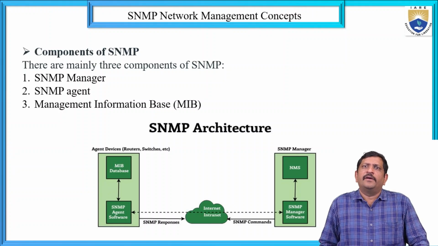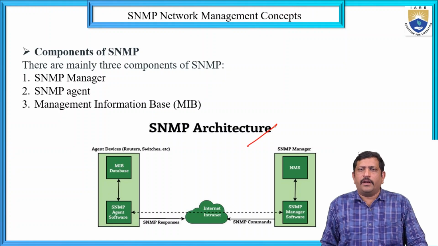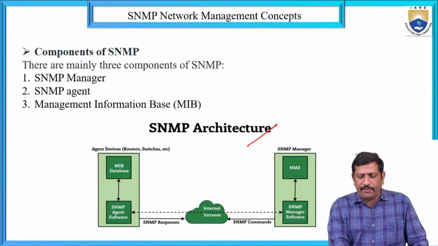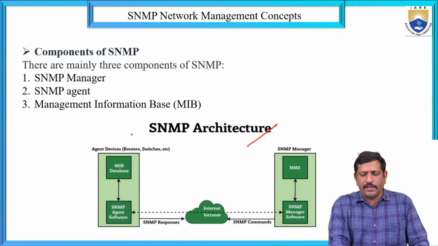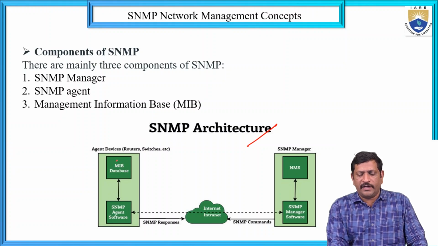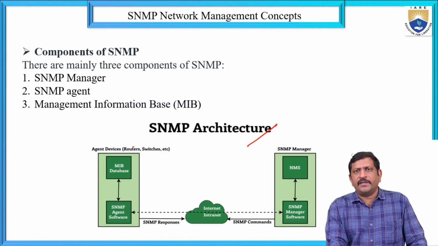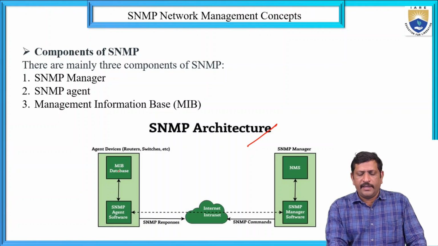Now this is the SNMP architecture. It has an agent device. As agent devices, we can use routers, switches, hubs, etc. In these agent devices, routers or switches, we arrange the MIB database, that is the management information base database.